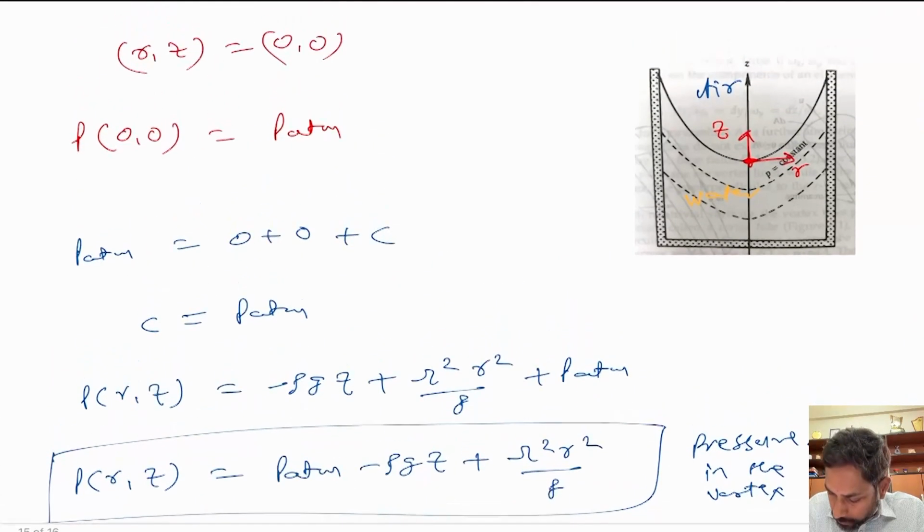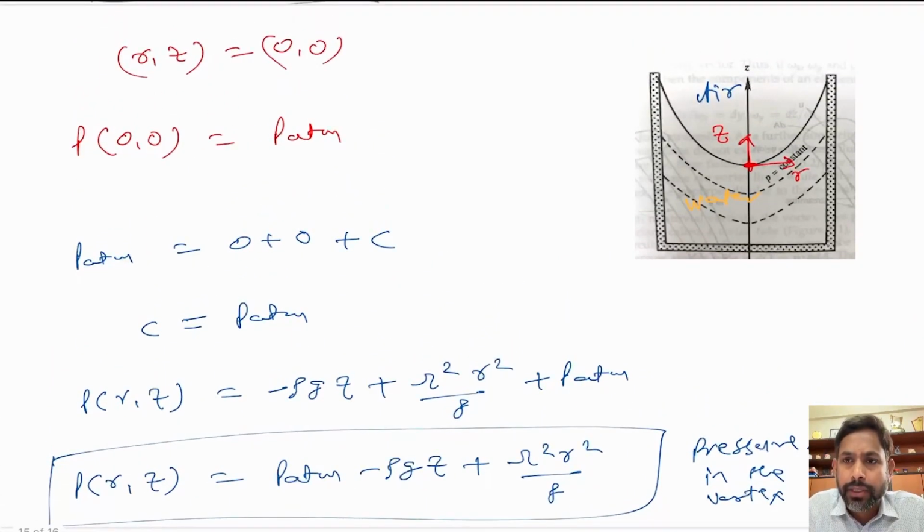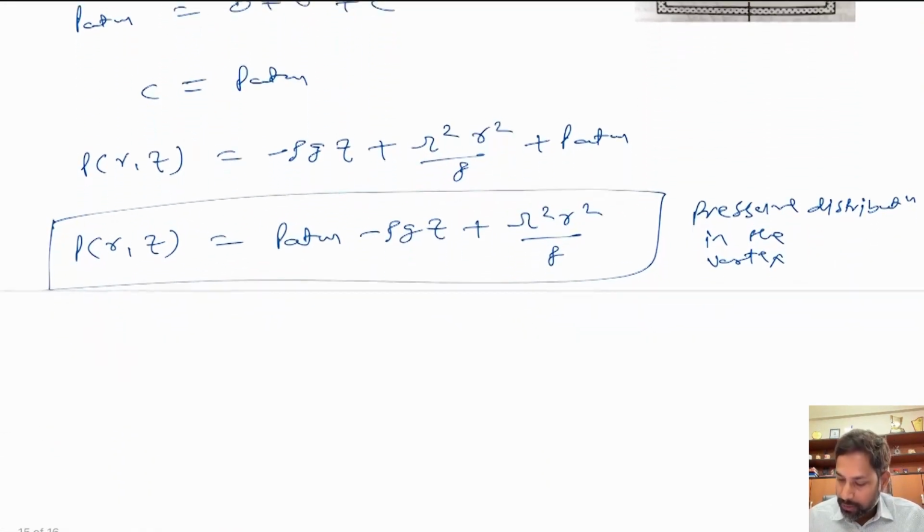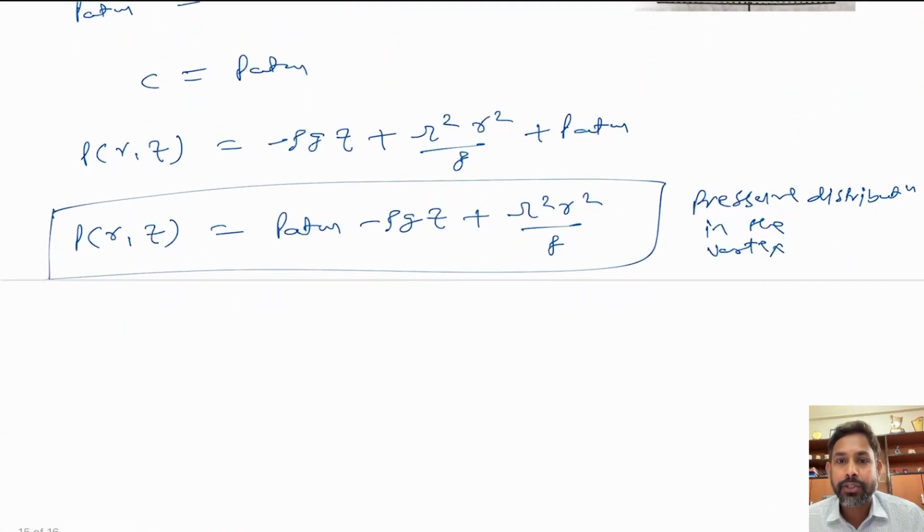And why is there a minus sign in front of rho g z? Because you are measuring z upward, whereas pressure increases downward. So as you go down from z equal to 0, this particular value will become positive, so the total pressure inside the fluid will actually increase.